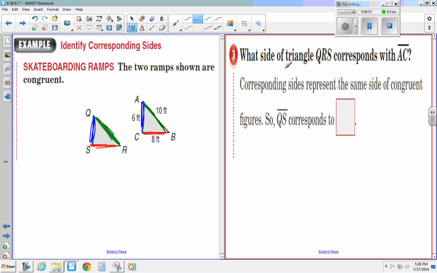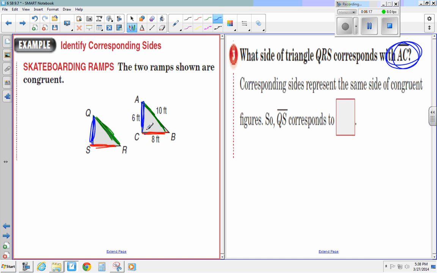So, what side of triangle QRS corresponds with AC? Well, corresponding sides represent the same side. So AC was in blue, A to C. So that means QS corresponds to AC.